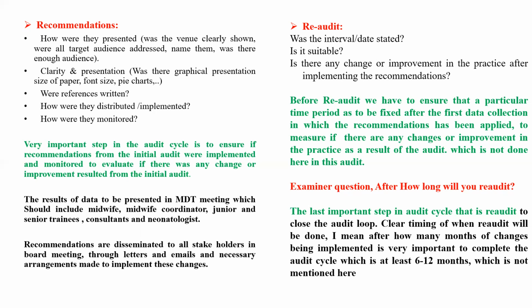You can say, before re-audit, we have to ensure that a particular time period has to be fixed after the first data collection, in which the recommendations have been applied, to measure if there is any change or improvement in the practice as a result of the audit, which is not done here in the audit they give you in the station. So this is a way to phrase it.